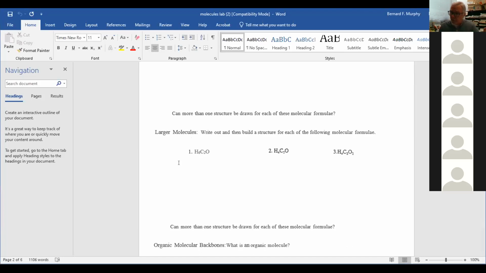So all the holes are filled. And the hint would be take the carbon and oxygens, put them together any way you want, and then see if you have enough holes to put 6 hydrogens in. And there are actually two solutions to this. One of the solutions is a very popular molecule.